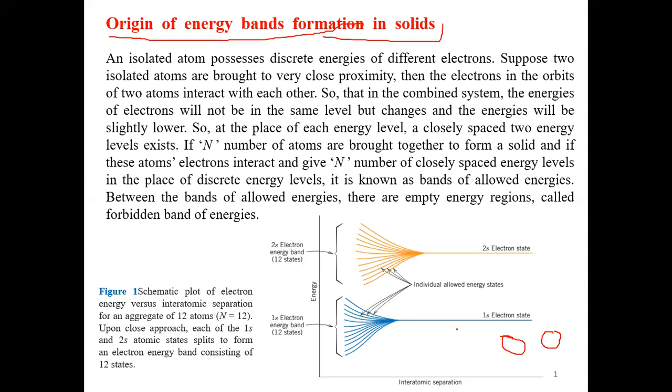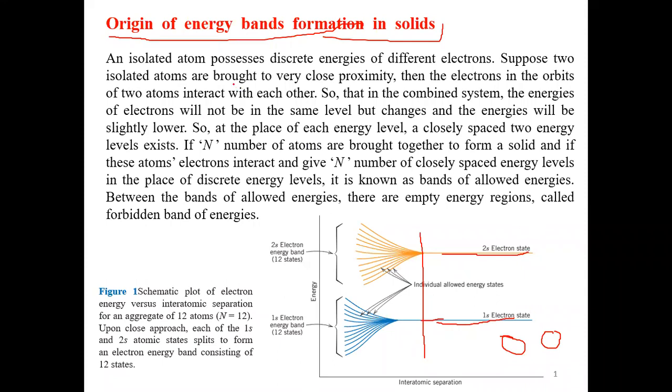Each atom has a different number of electrons, and they have different energy levels. When they come to the equilibrium separation, the bond exists between these two atoms, and we have seen that there is a reduction of energy.